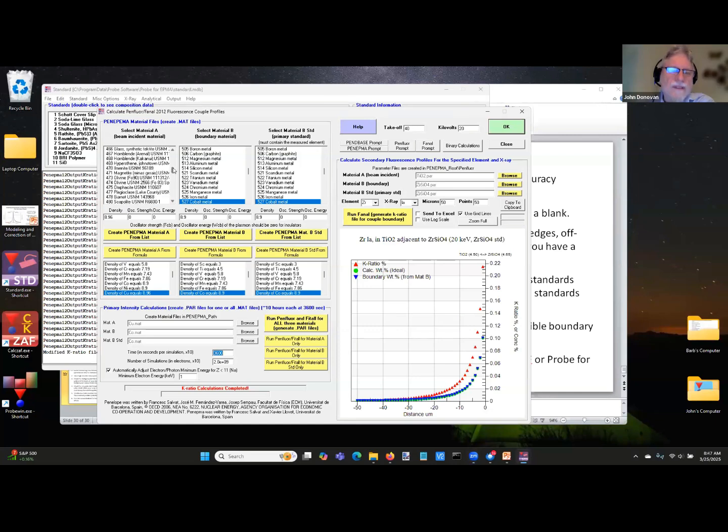In the list of standards that comes with the software, there are all the Smithsonian compositions, so you can do your olivine or your obsidian. I think there was a good obsidian example here. I'm trying to remember what it was. Yeah, obsidian, you can put in an obsidian material. So if we look at calcium, whoops, I clicked the wrong button, sorry.